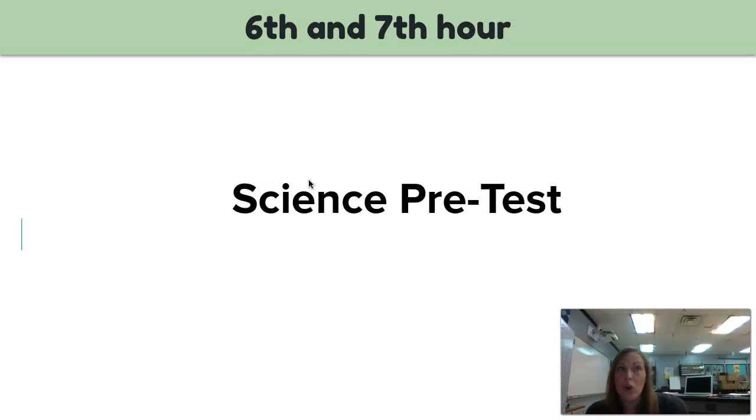So there is no expectation that you will be able to do this. It is not a graded assignment. I just need you to try. And again, I don't know is a totally acceptable answer if you really don't know how to do it. So 6th and 7th hour, make sure you open up the science pretest in Schoology and complete that. 2nd and 3rd, you did this a few weeks ago, so you don't need to do this.